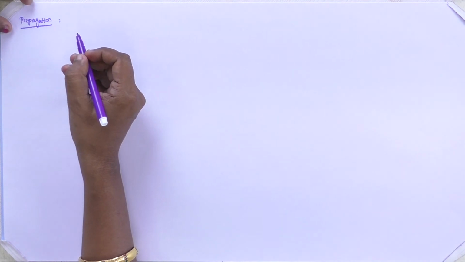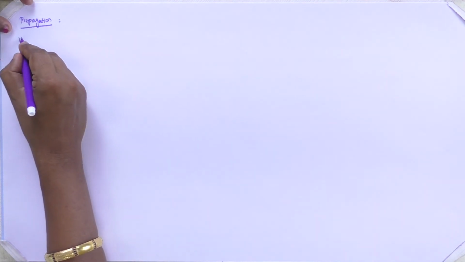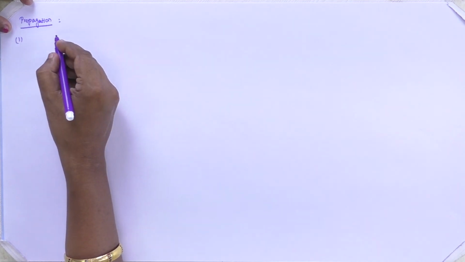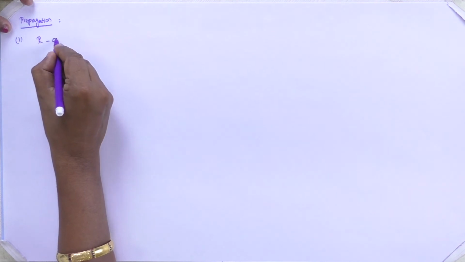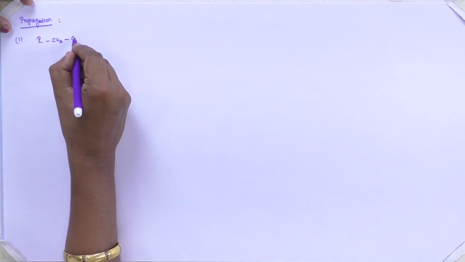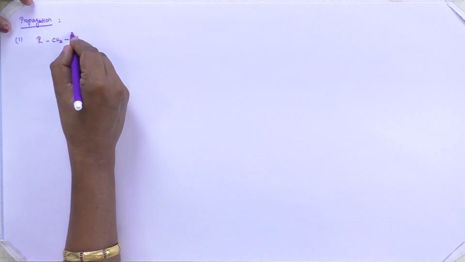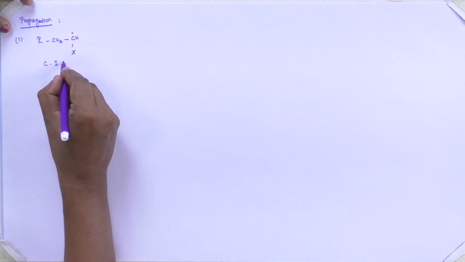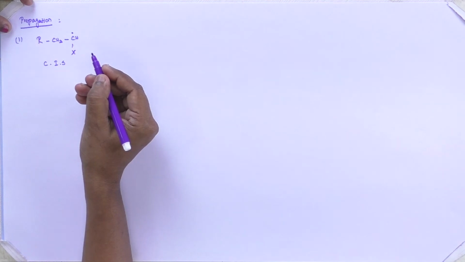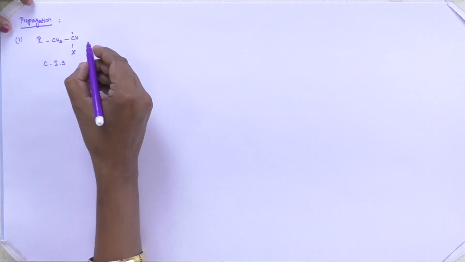Propagation of free radical polymerization occurs in two steps. The first one: let us take this chain initiating species, RCH2 single bond CHX dot, which we got from the previous step, that is step 2 of the initiation.